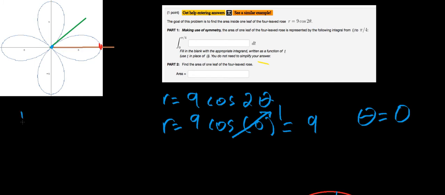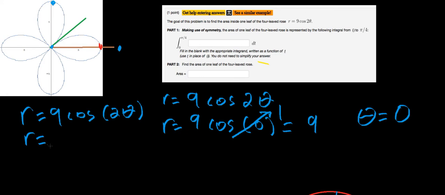So I'll write this out. r equals 9 cosine 2 theta. But again, I want to find something that makes r 0 in the first quadrant here, which is just over here to over here.